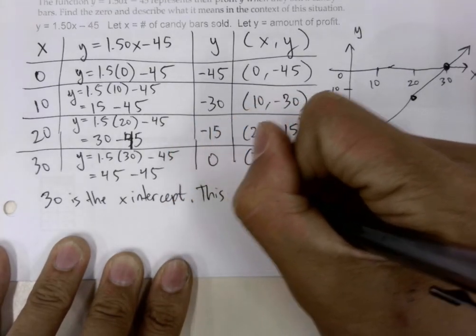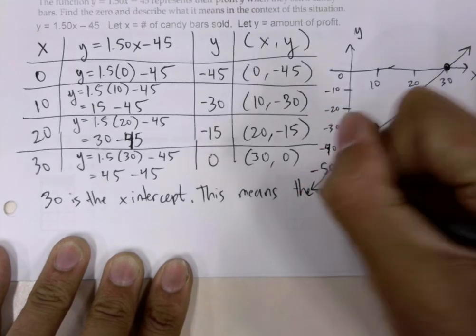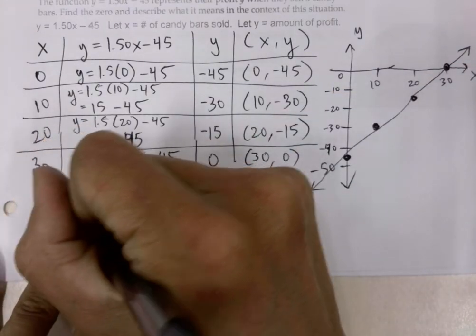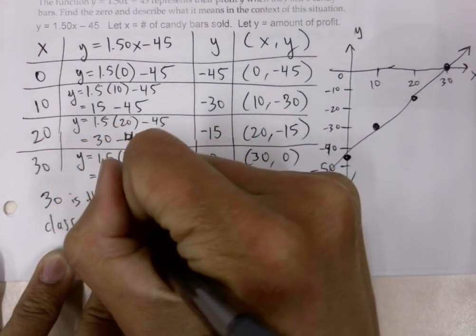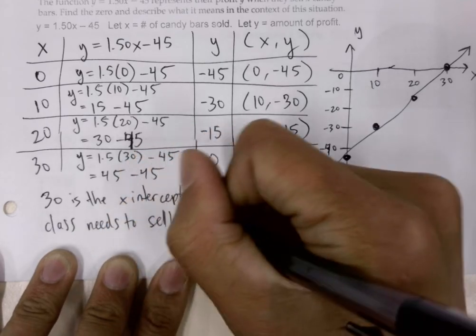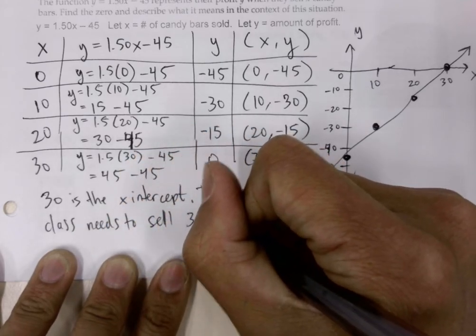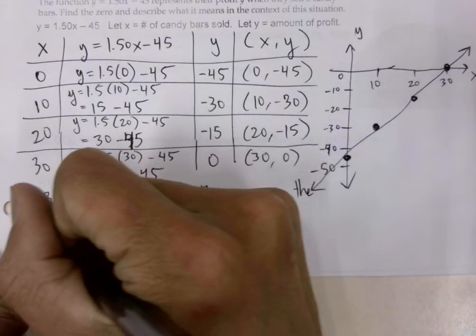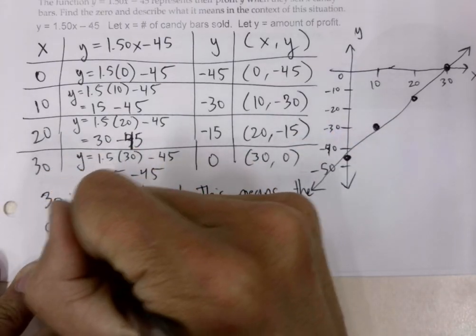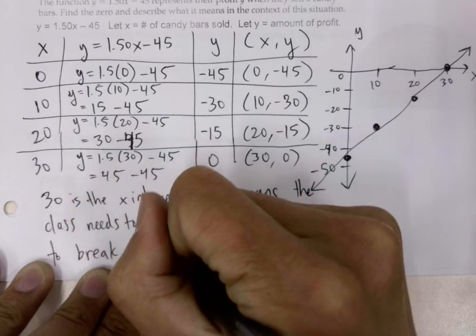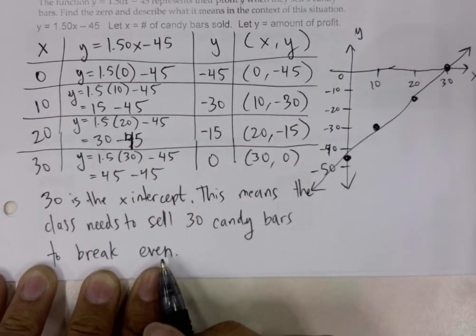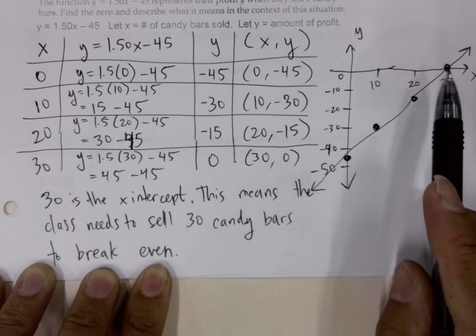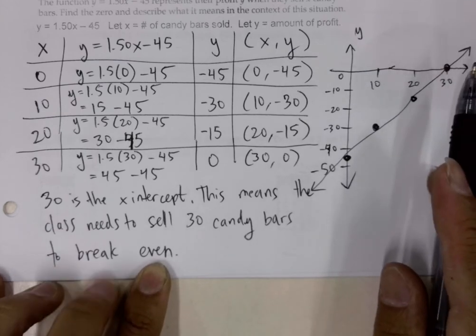This means the class needs to sell 30 candy bars to break even. Okay. And if they sell any more than 30, then they'll start to earn a profit.